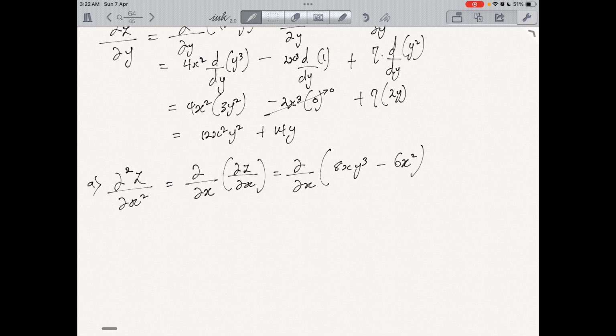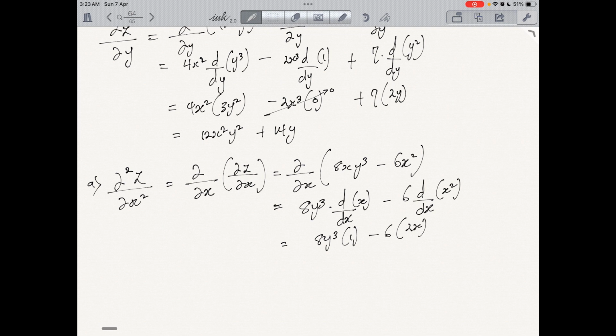So differentiating this now, let's treat y as constant. So we have 8y cubed, and we differentiate fully of x, minus 6, and we differentiate fully of x squared. So we have 8y cubed multiplying 1 and 6 multiplying 2x. And our answer will be 8y cubed minus 12x.